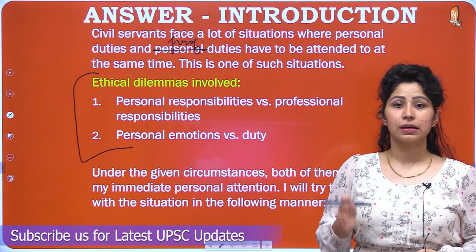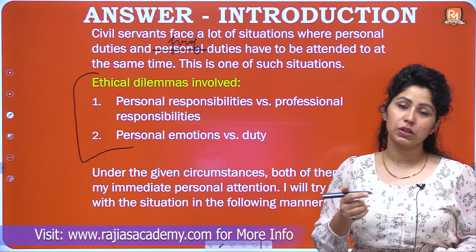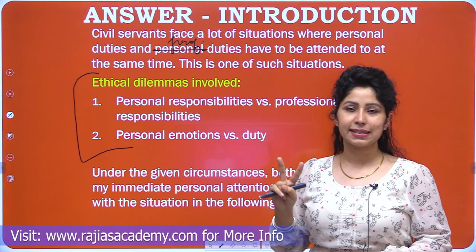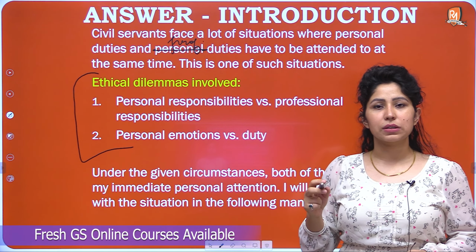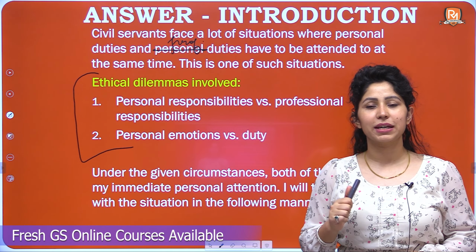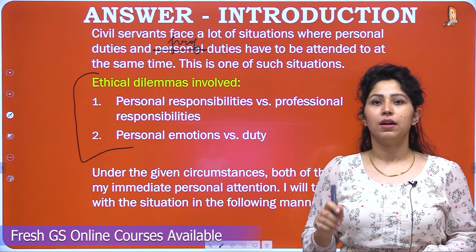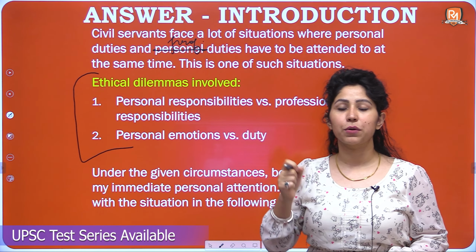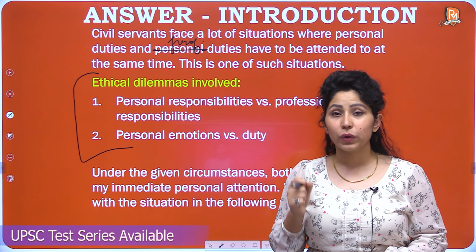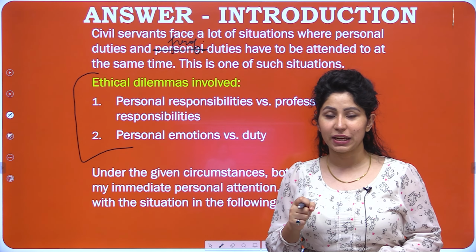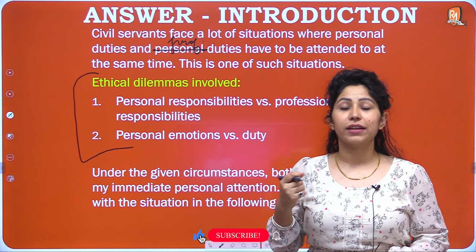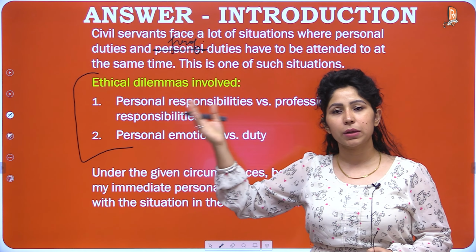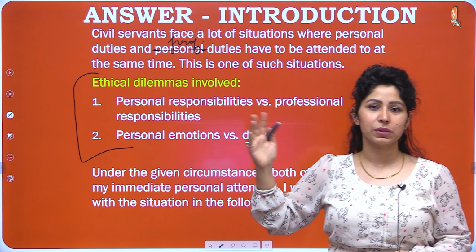First of all, it is personal responsibilities versus professional responsibilities. This is something we've given in the introduction also. Secondly, whenever a personal problem arises, whenever somebody close to you is in pain, your emotions suffer. And at that time, when you are in such an emotional state, doing justice to your duty is the toughest thing, because your mind will always be with the person who is in pain, the person who is attached to you.